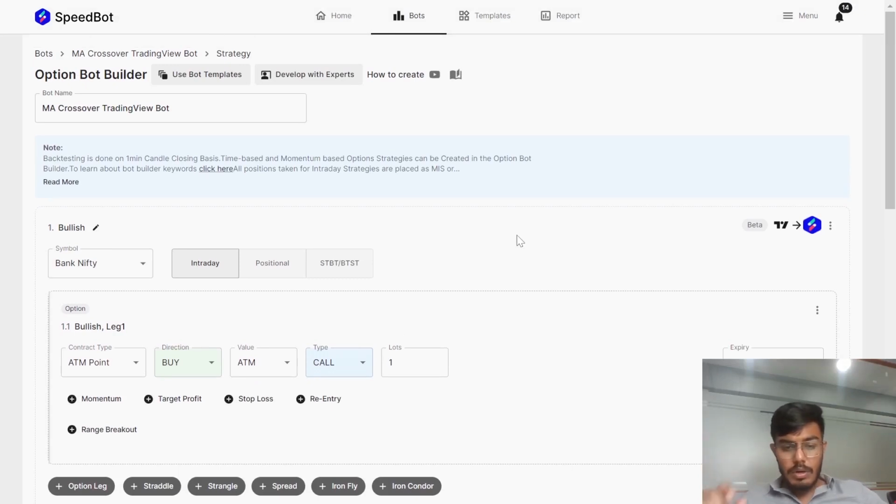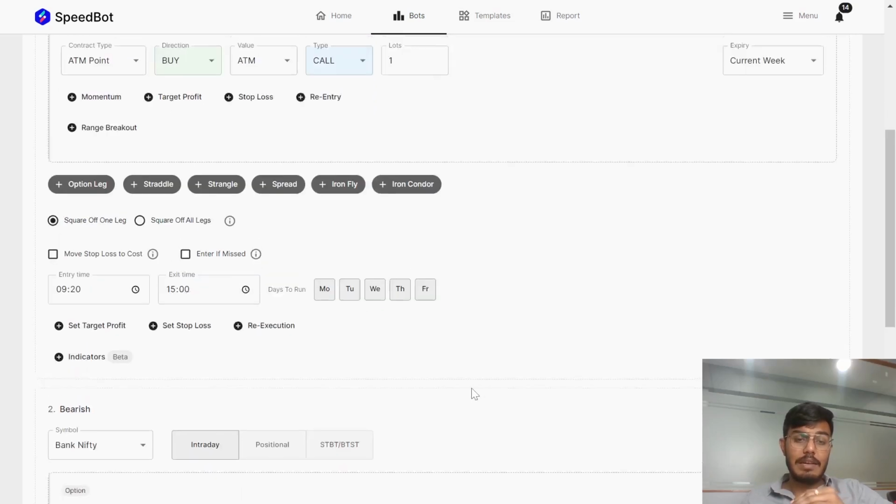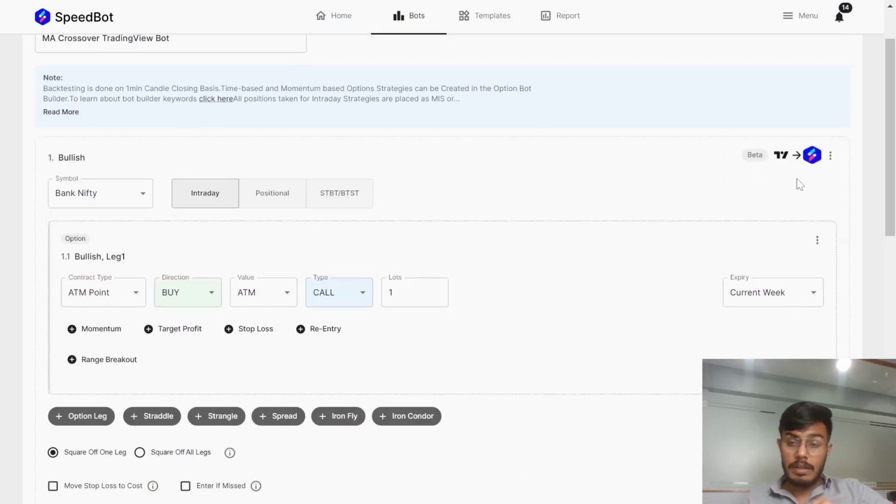In order to get the re-entry and re-execution, just to make things simpler, Darshan asked whether re-entry or re-execution of the option legs, or on the strategy level of the bot, will work whenever TradingView is integrated with the option bot. Yes, it will work.